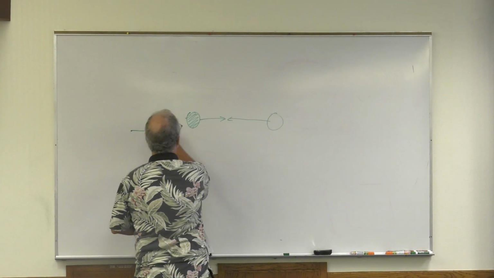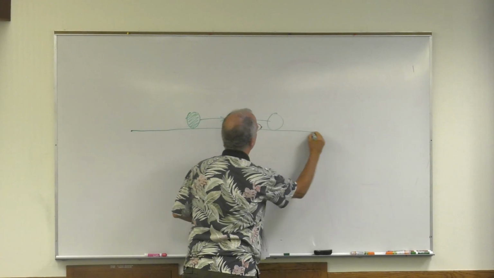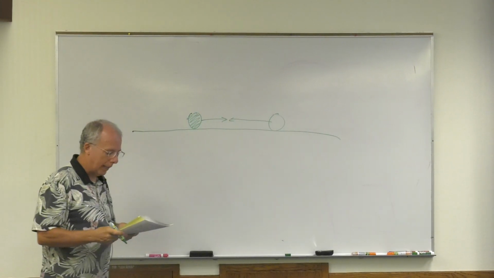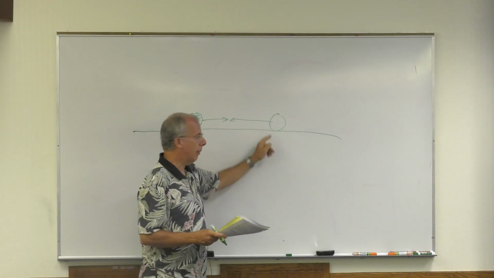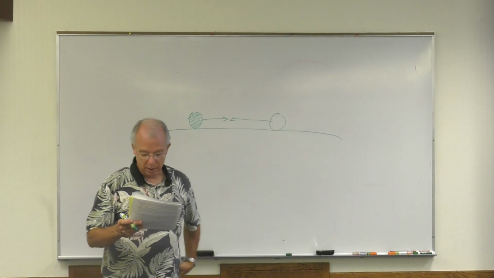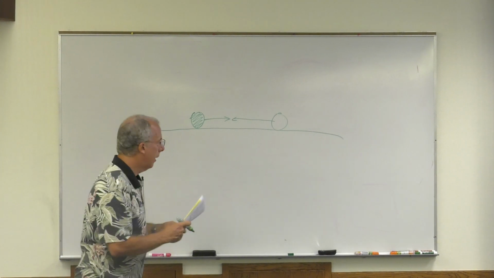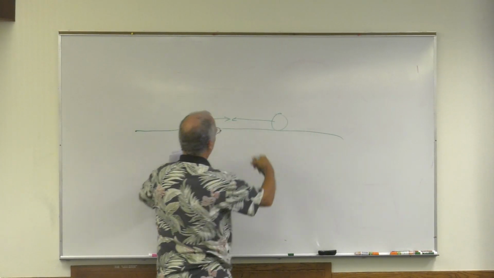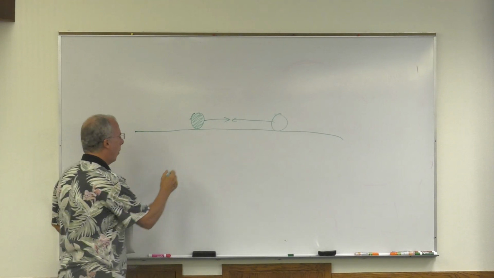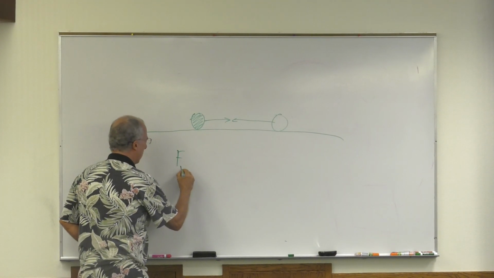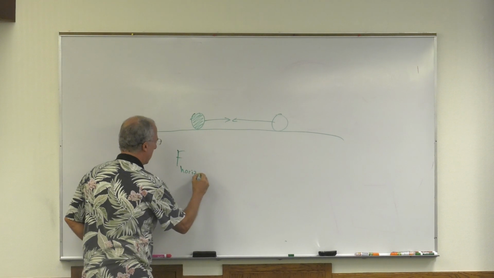So let's say that these balls were on a table, and let's say that the friction between each ball and the tabletop is pretty much small, so we can ignore it. If I shoot the balls towards one another, after I let go, are there any horizontal forces on the balls?